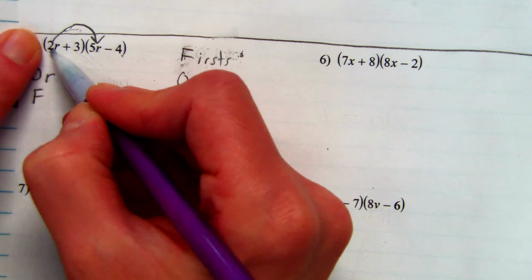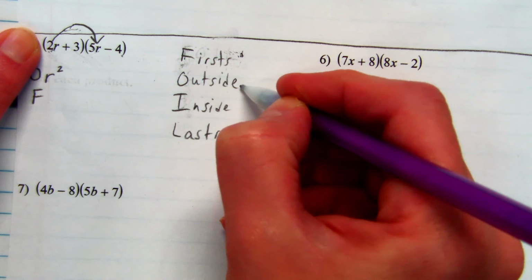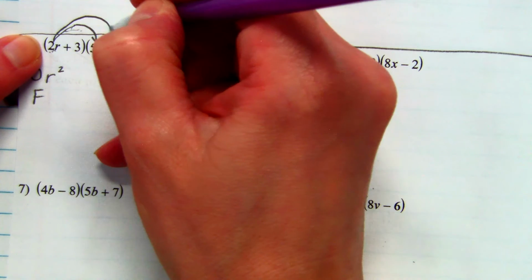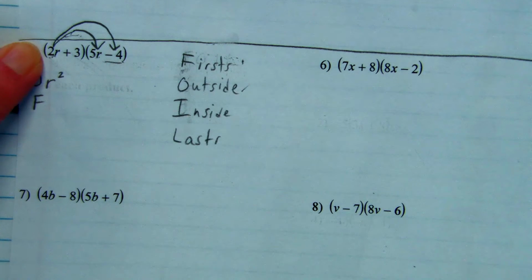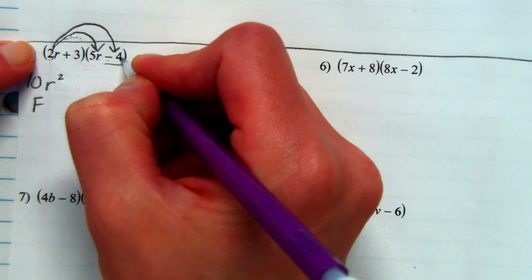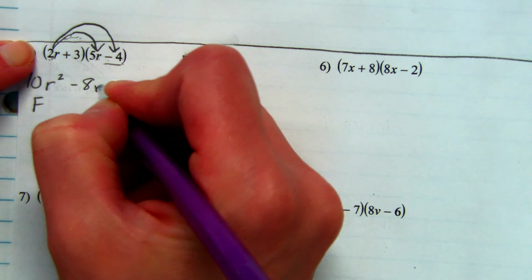So it's the first term here and the first term here. Okay? Then it's outside. So it's the ones on the edge. So the 2 r's on the edge, and then we're going to think of this as negative 4. So 2r times negative 4 would be my outside. So that's negative 8r.